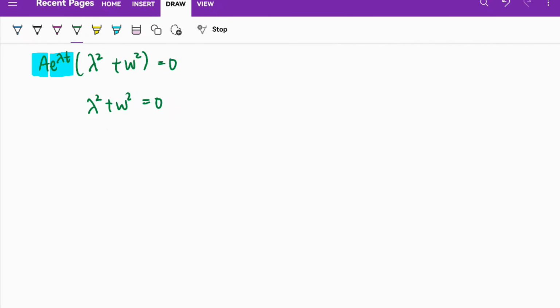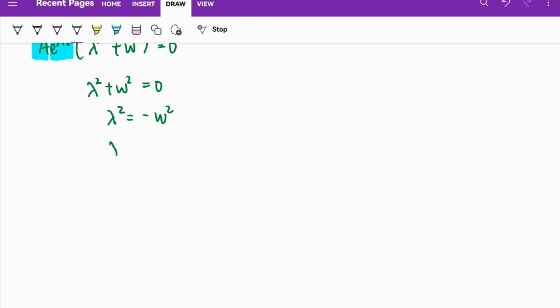Then let's solve for lambda now. It will get lambda equals positive negative square root of negative omega squared. And we know anything with a square root of a negative, we can write as an imaginary number. So you'll get positive negative omega i.